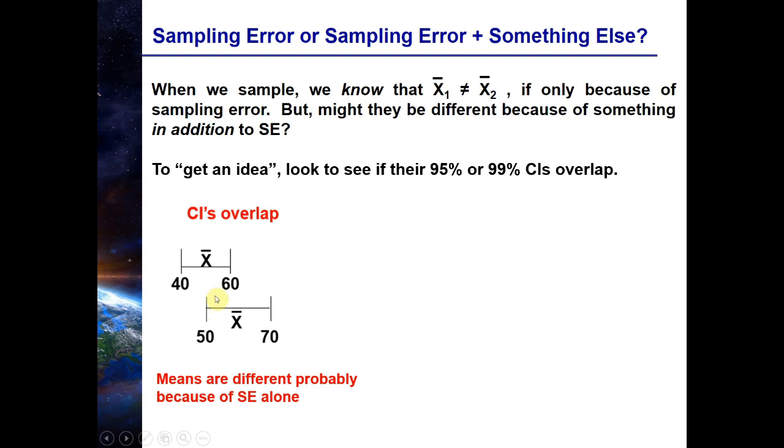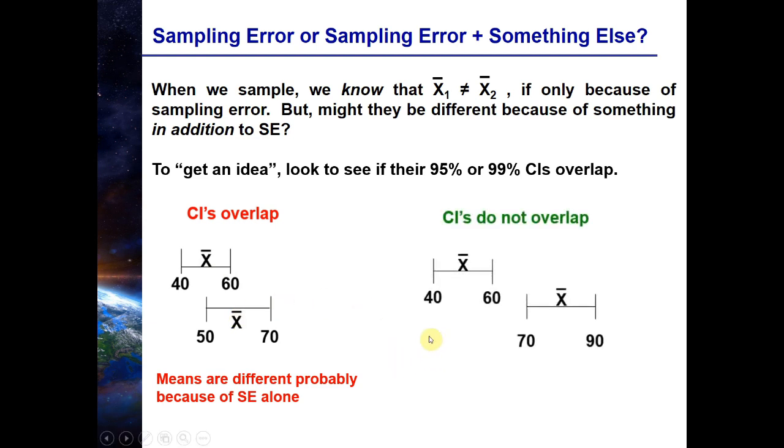So these two mu's might actually be the same. In which case these x bars probably belong to the same distribution. They are not two separate distributions. The only reason why they're different is because of sampling error.